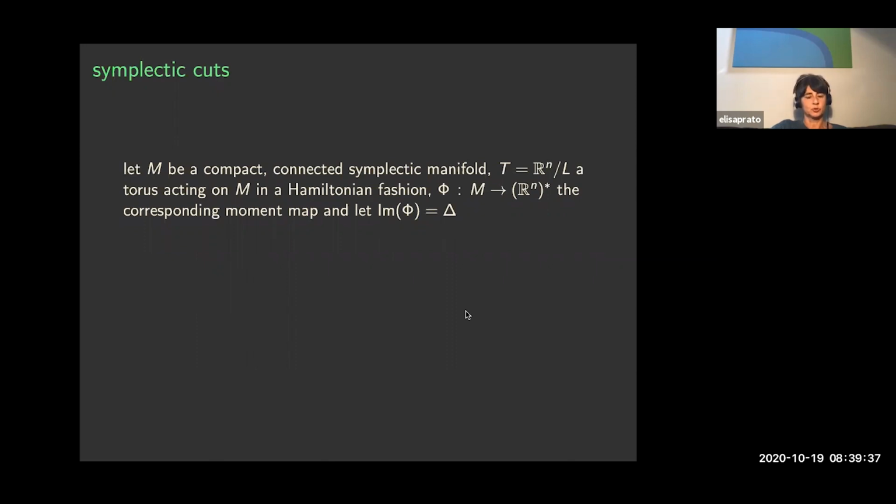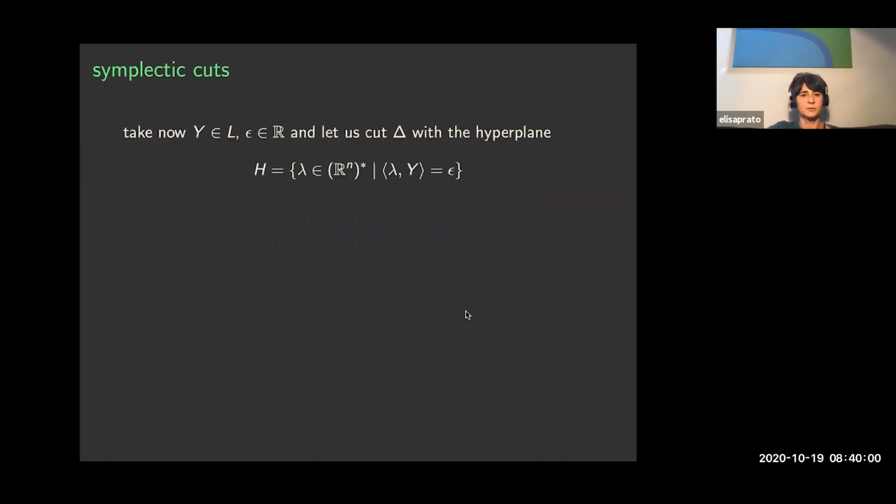This is an operation that is due to Eugene Lerman. So we take compact connected symplectic manifolds with the Hamiltonian action of a torus. We take the image of the moment mapping, which is a convex polytope, which we have represented with this triangle.